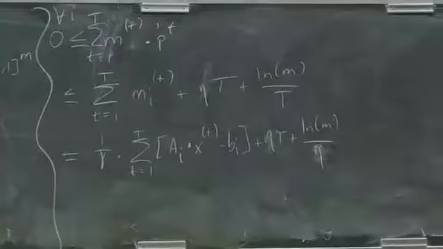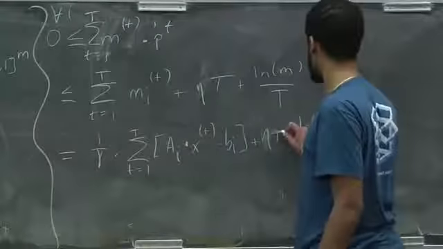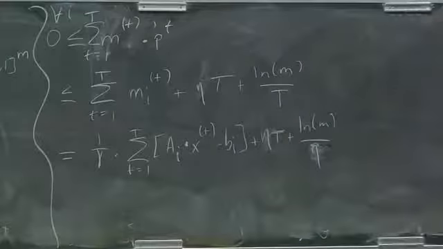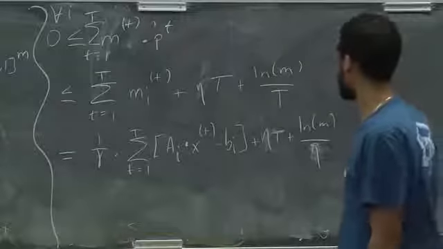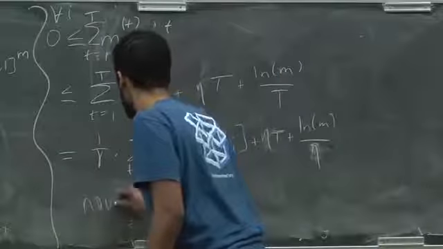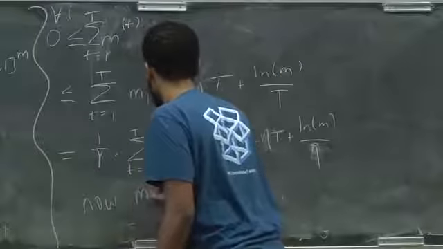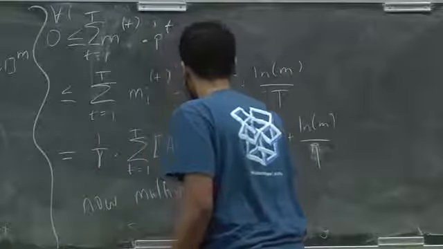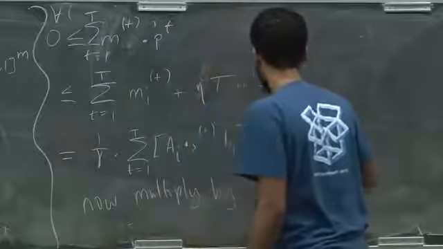Okay. And now what I'm going to do is multiply by gamma over t.